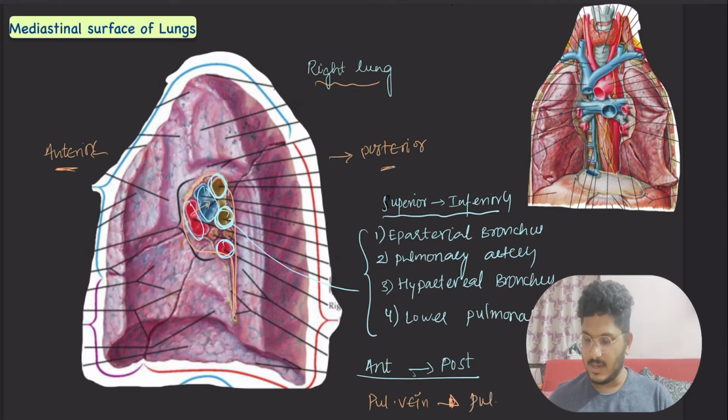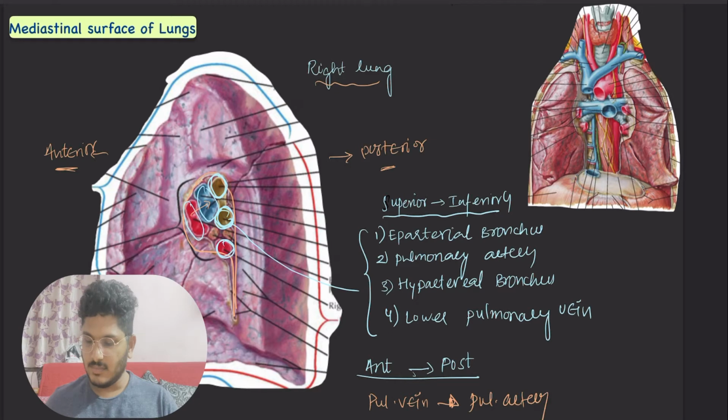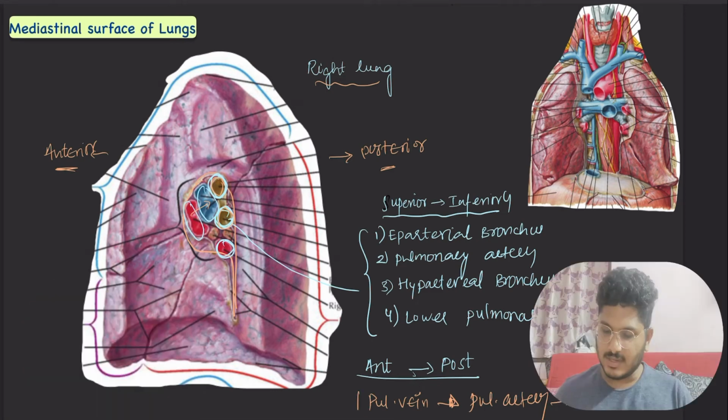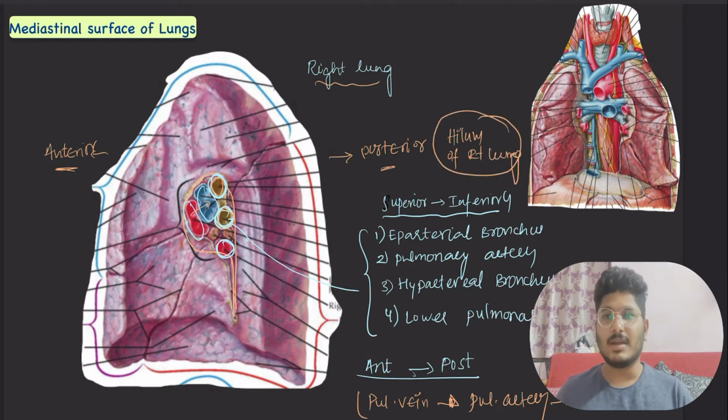After the pulmonary artery, there are two bronchi, that is eparterial and hyparterial bronchus. So these are the anterior to posterior relations in the hilum. This is regarding the hilum of right lung. Very important 2 marks question, and very important anatomical relation too.